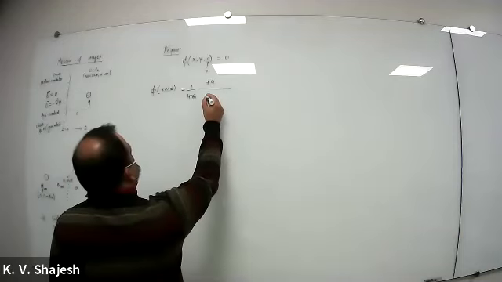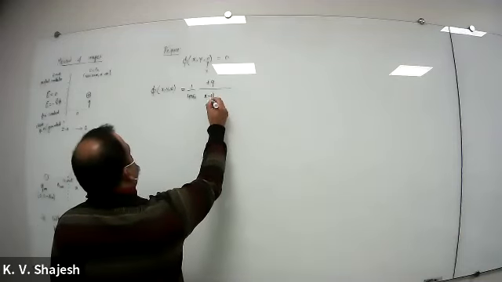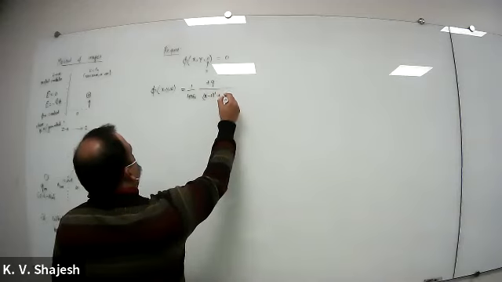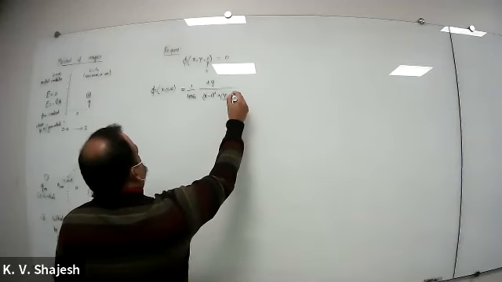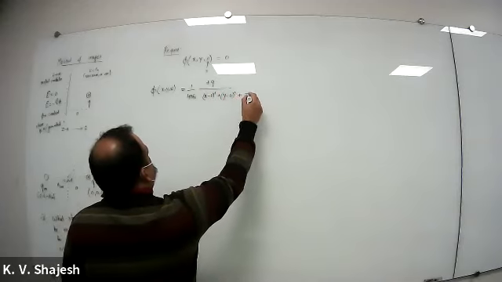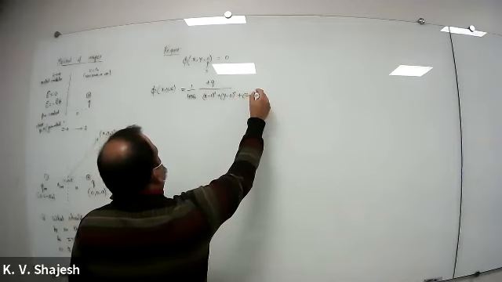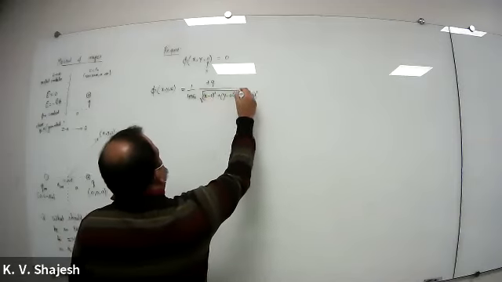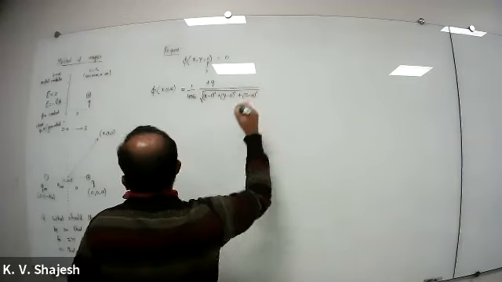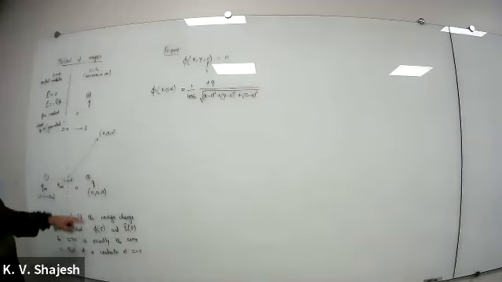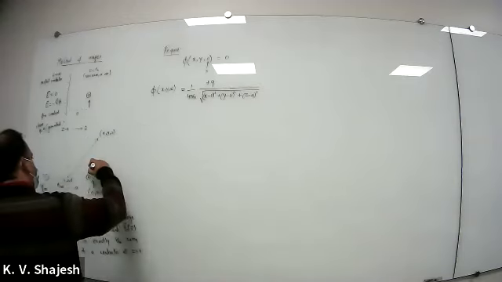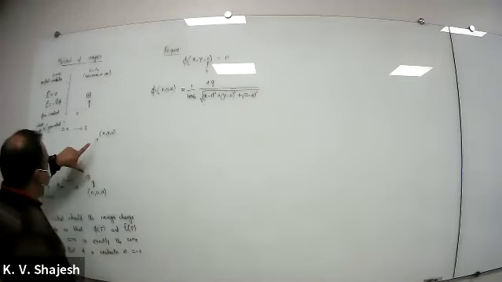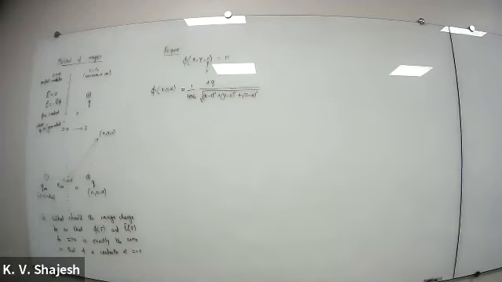So you have x minus 0 squared plus y minus 0 squared plus z minus a squared. That's your distance from the observation point to the source point. So that's this distance.